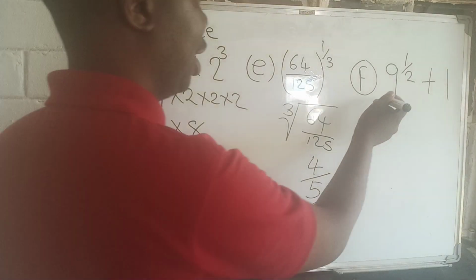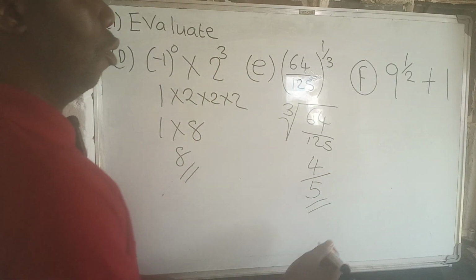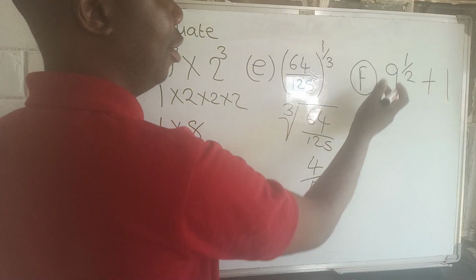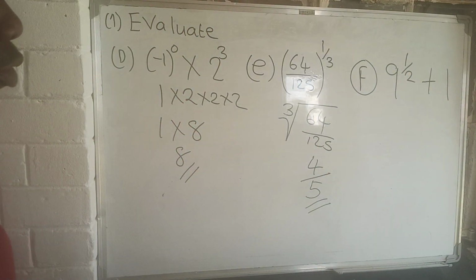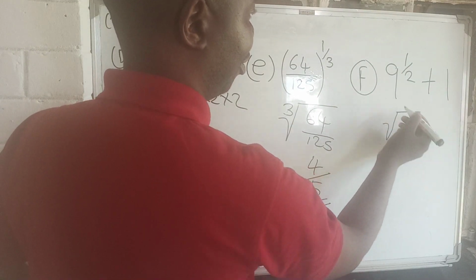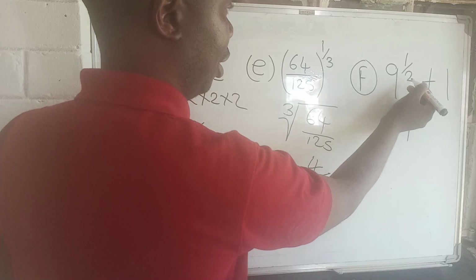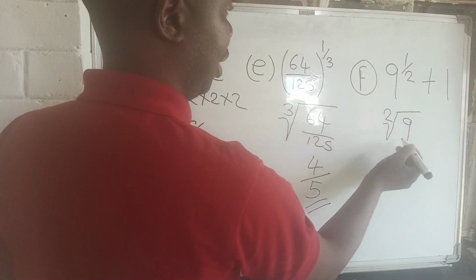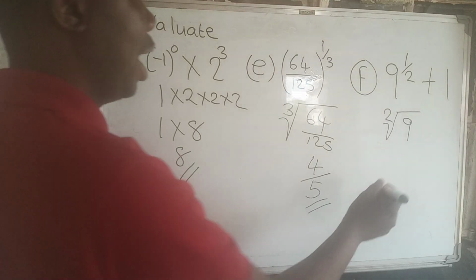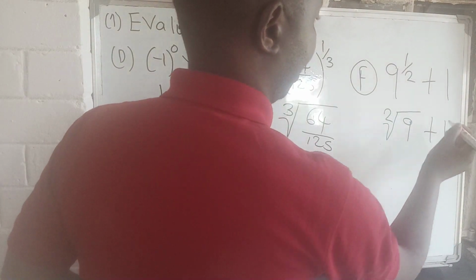We are now on F, the last one. 9 to the power 1 over 2 plus 1. You can see these are under indices. The first thing you do is introduce the root. You put 9. This 2, you put it there. There is no need of putting a power because it's 1 plus 1.